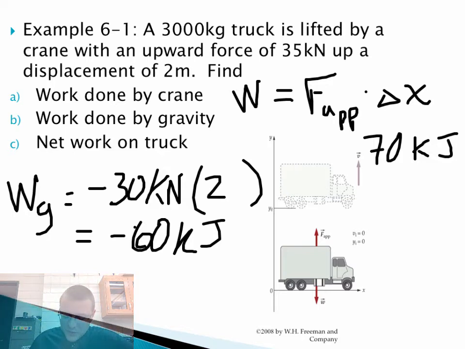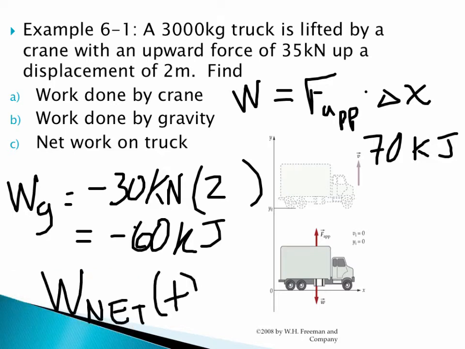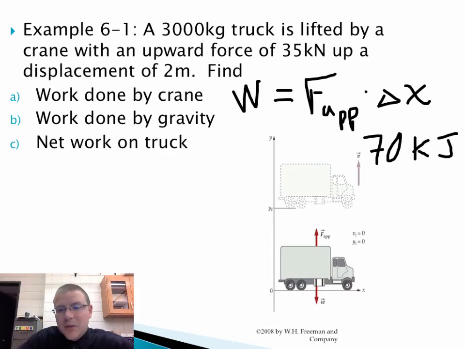And if the truck starts from rest, and I know the net work is positive, I know that my change in kinetic energy must be positive as well. My net work here is about 10 kilojoules. I can set that equal to 1/2 mv squared and solve for the speed of the truck once it's moving upwards after this displacement. If I want to know the power associated with the crane, how powerful of a crane I need, let's say it lifted up those 2 meters in about 10 seconds.